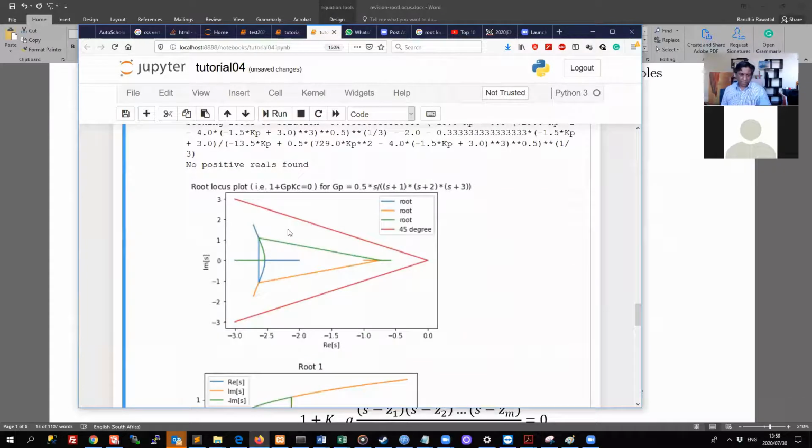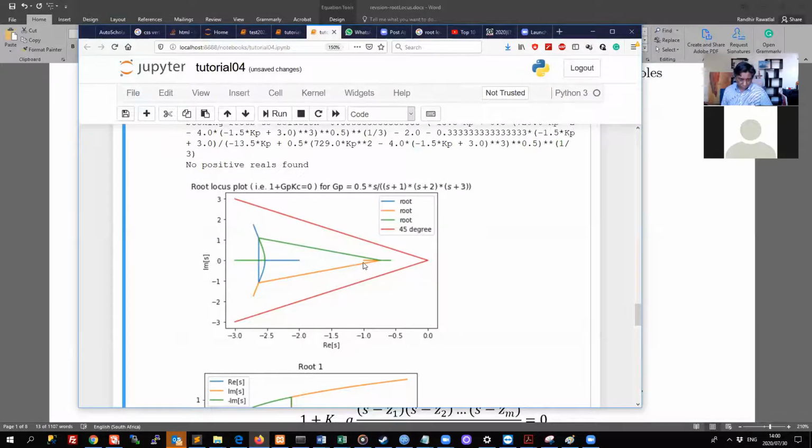Okay, so again, ignore these 45-degree lines, and we can see here our starting points. We can see the -1 point here. So there is one locus starting at -1. There's another one starting at -2, and then yet another one starting at -3.